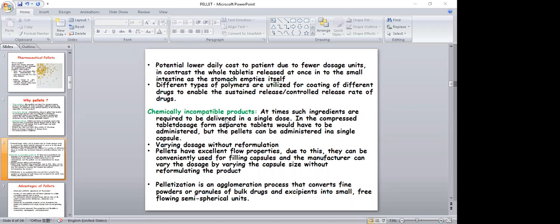And pellets have excellent flow properties, so we can conveniently use them for capsule filling. These are all the reasons why we prepare the pellet dosage form.